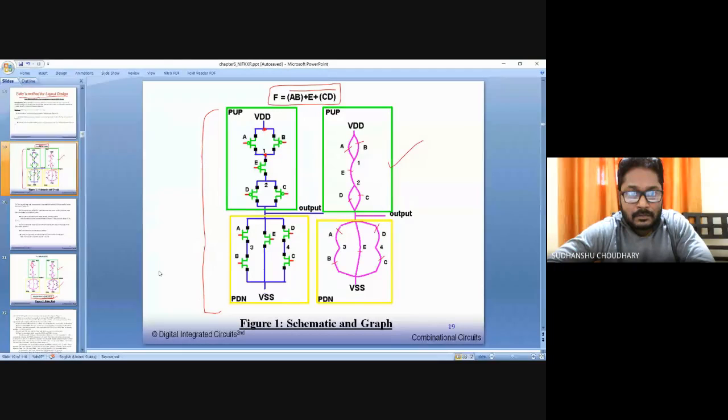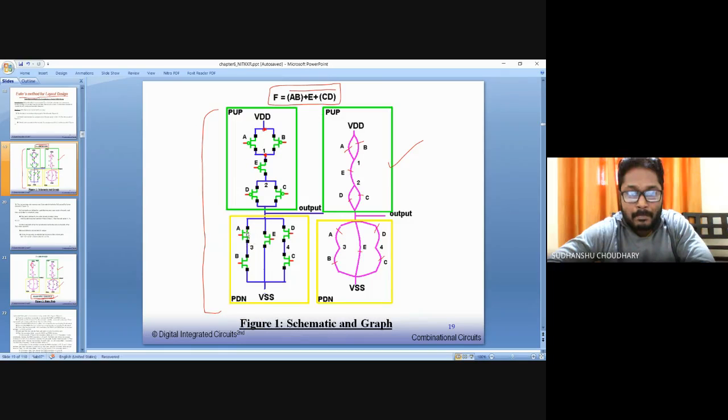Yes, sir, here AB is close to VDD. Okay, AB both are in parallel. Here in NMOS, AB both are in series. You're correct. So that is dual actually.